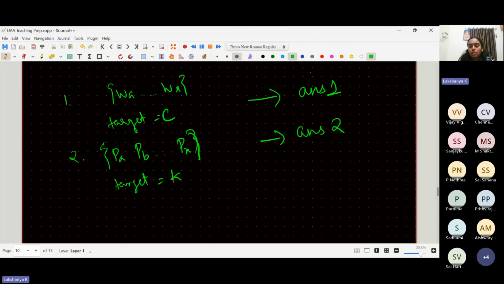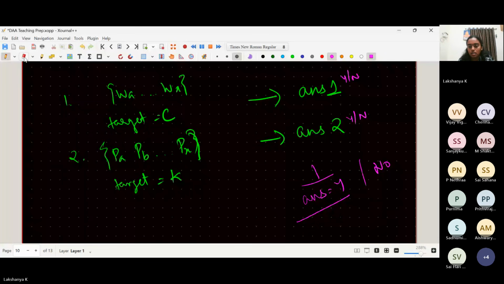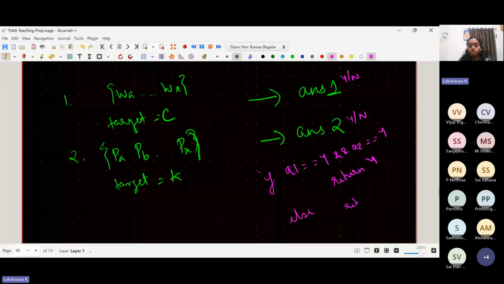Now, each answer is going to be a yes or a no. If both of these are a yes, then the answer to my knapsack problem is going to be yes. Otherwise, the answer is going to be no, right? Isn't that what my knapsack problem asked for? So I just have to do an if condition: if A1 equal to yes and A2 equal to yes, return yes, else return no. This is an if-else condition which is going to take constant time.